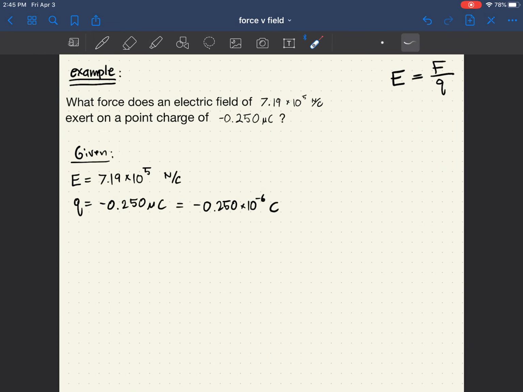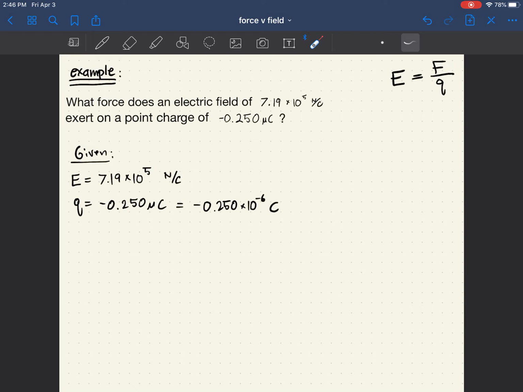So now let's move into an example problem that tells us to find a force. We're being asked, what force does an electric field of 7.19 times 10 to the 5th newtons per coulomb exert on a point charge of negative 0.25 microcoulombs?